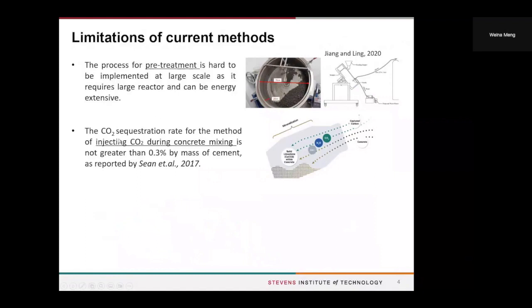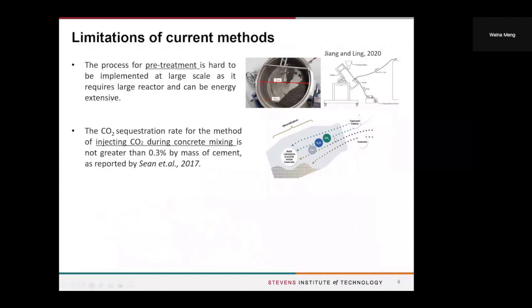For the second one, if you remember, this method injects CO2 into the concrete mixer during the mixing. The limitation reported is that the CO2 sequestration rate is pretty low. This can be due to several reasons.